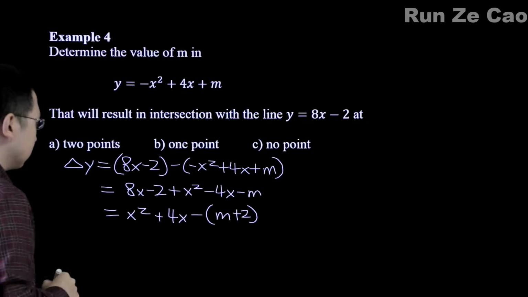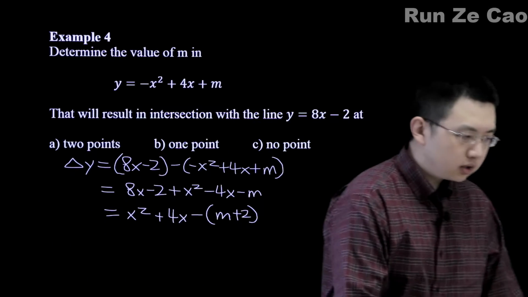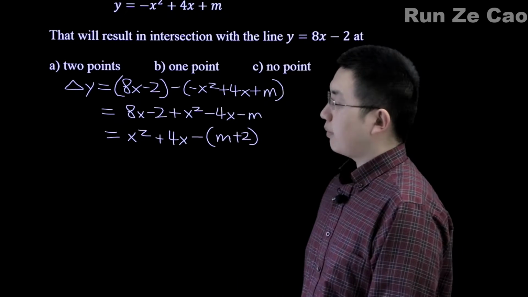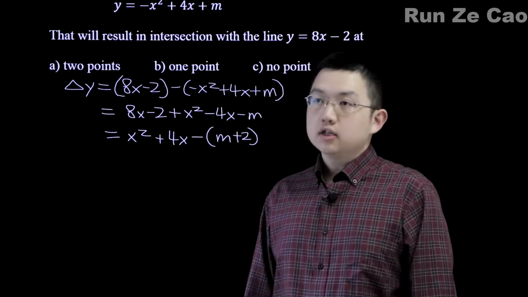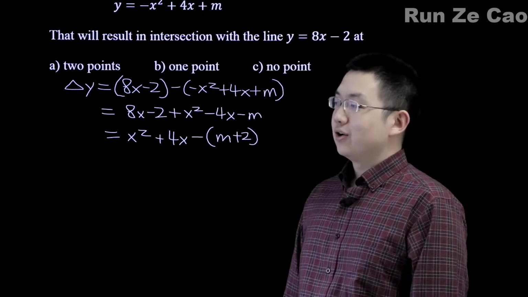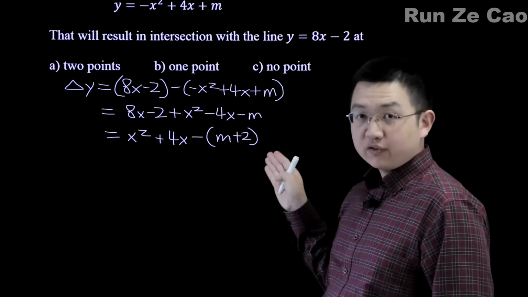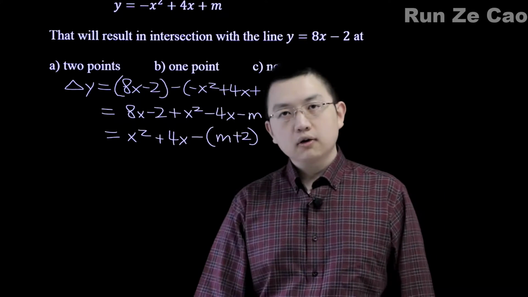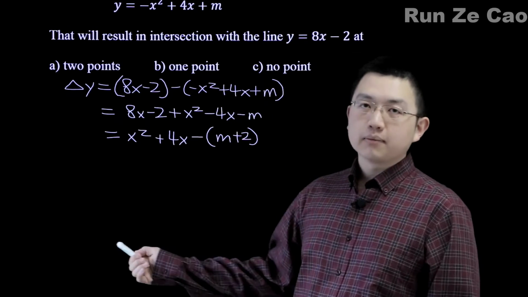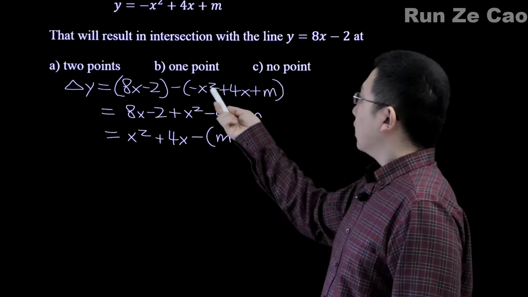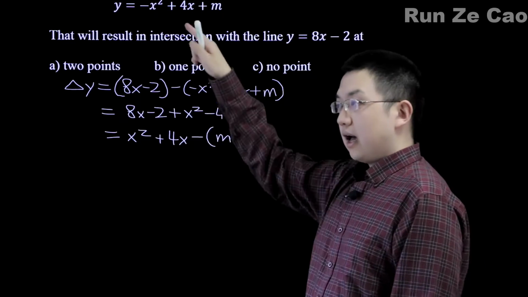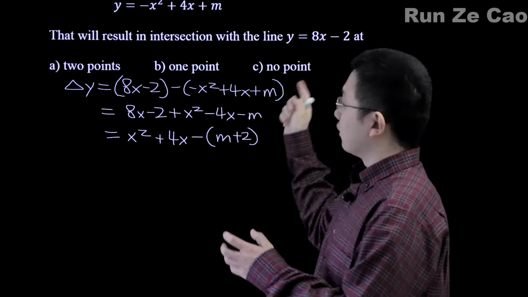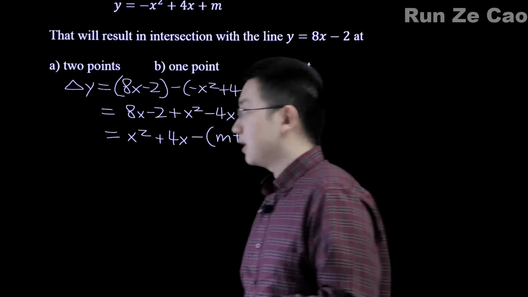So what we need here for 2 points of intersection is that the discriminant end up being positive. This means that we will have one x value for intersection and another different x value for intersection. If the discriminant is 0, the discriminant being b squared minus 4ac, then we have 1 point, or rather 2 equal points of intersection. If there's no point, well, the discriminant must be negative.